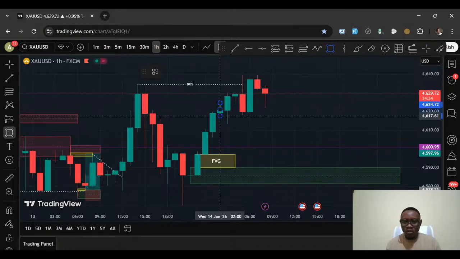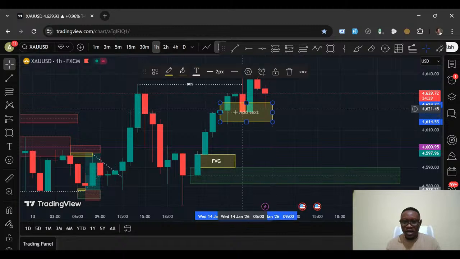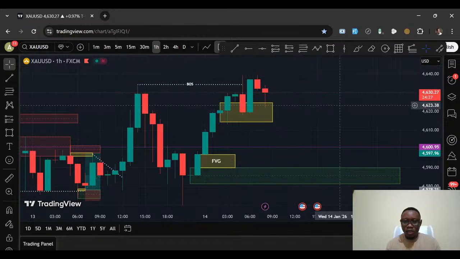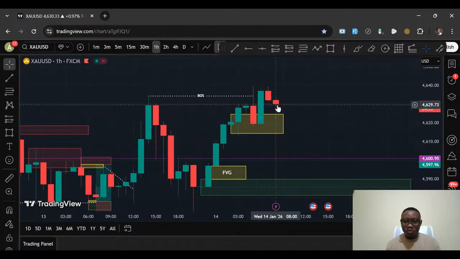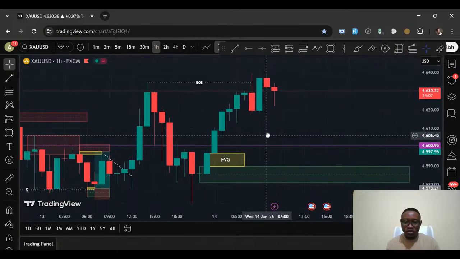This would have been a very fantastic zone for us to take this buy to the next swing level, but we missed it. As you can see, price came back, tapped into the zone, and gave this massive bullish move. And for the second time, it's coming to tap the zone again and currently buying. But anyways, we missed it. Let's take it out and continue.